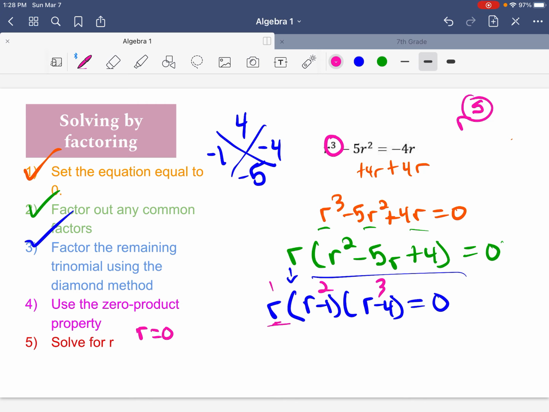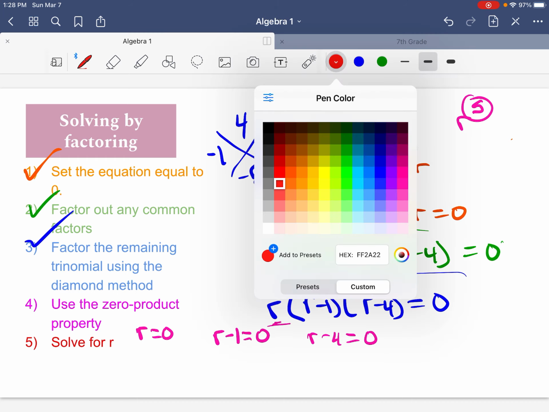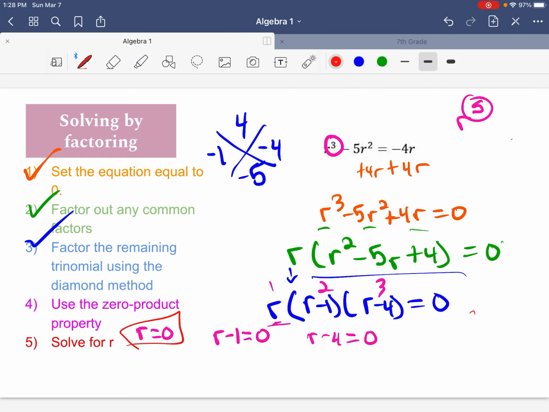Anyway, so r equals 0, r minus 1 equals 0, and r minus 4 equals 0. Cool. So we're just going to solve for r. This one's already taken care of for us. Add 1 to both sides. We have r equals 1. Add 4 to both sides. So r equals 4. So our final solution, we say r equals 0, 1, 4.